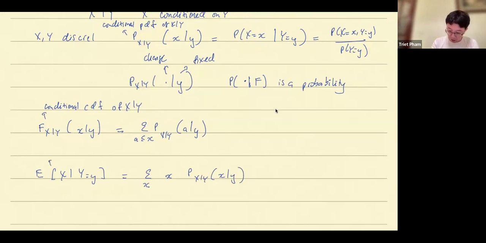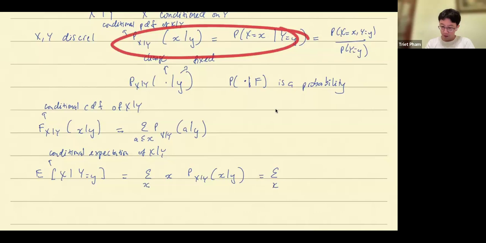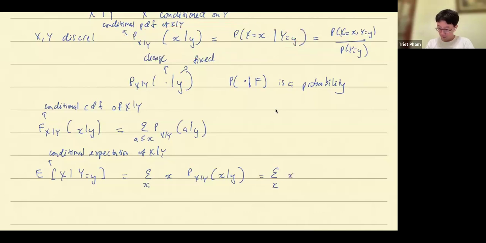So this is the conditional expectation of x given y.